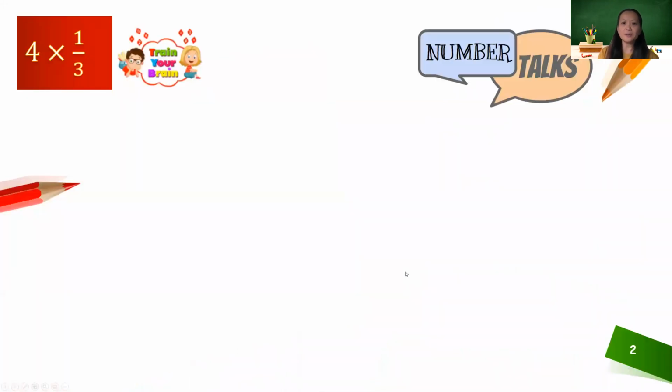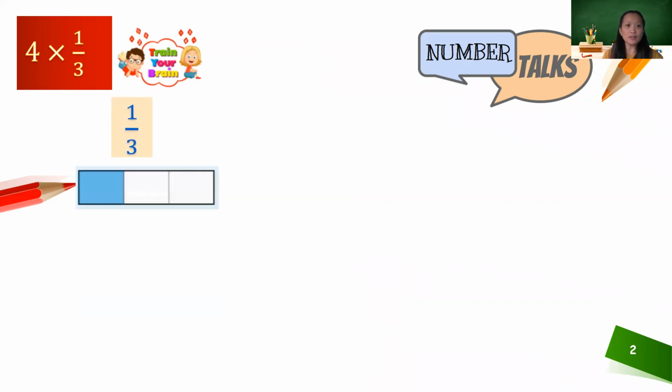Okay, here we go. Suppose you are being asked to find 4 times 1/3. Let's think about what it means to multiply, right? So 4 times 1/3 is 4 groups of 1/3. So here's 1/3.